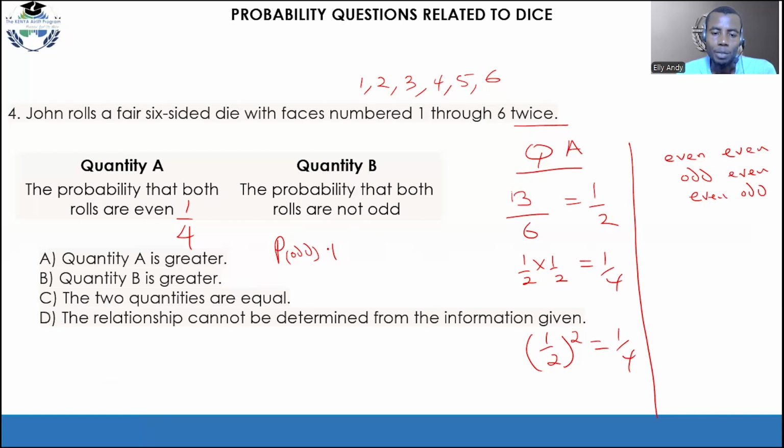The probability of something plus the probability of not that thing add up to 1. So if you want to get the probability of not odd, all we have to do is to get the probability of odd and then subtract it from 1.